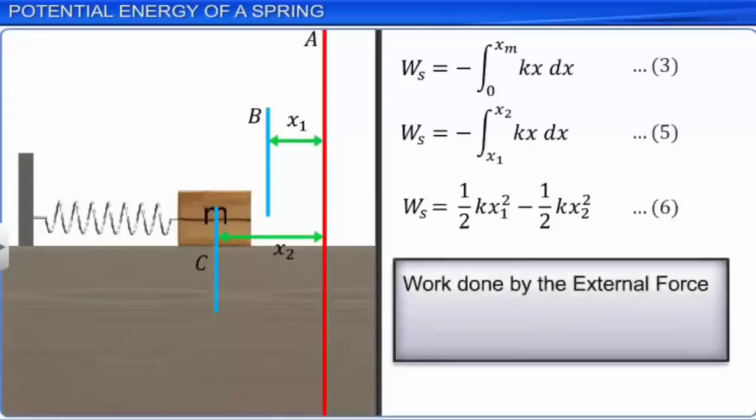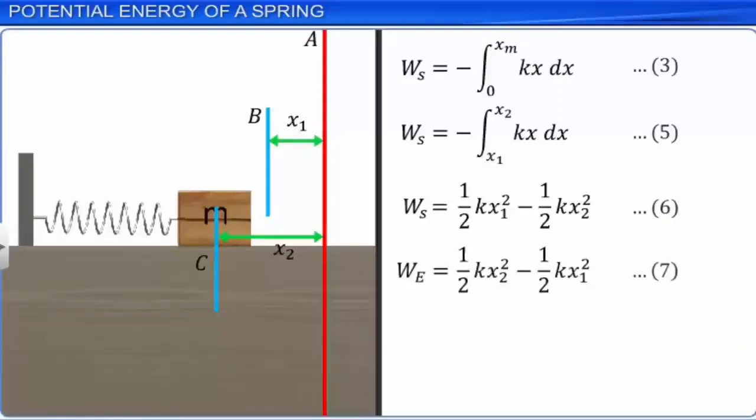Then the work done by the external force W will be equal to half kx2 square minus half kx1 square. Let this be equation 7.